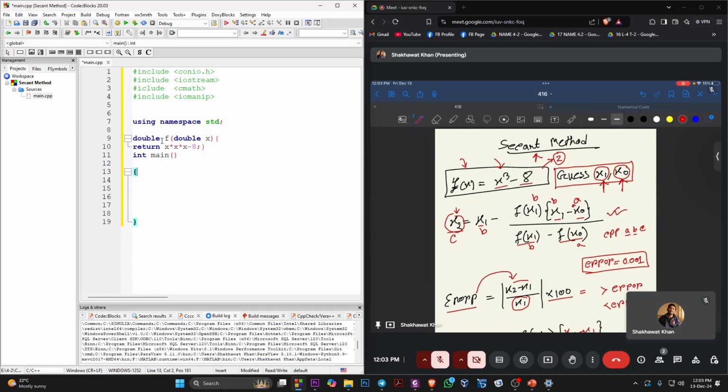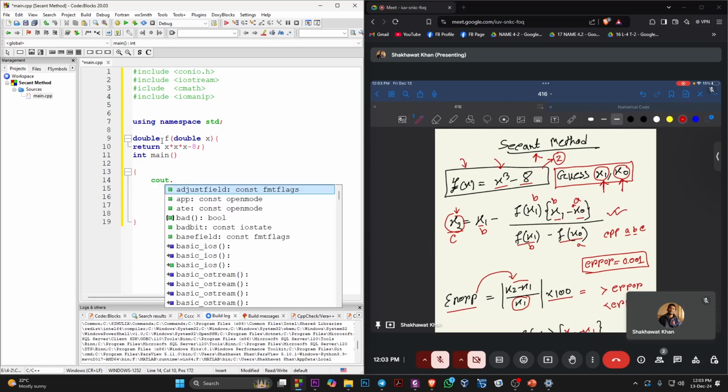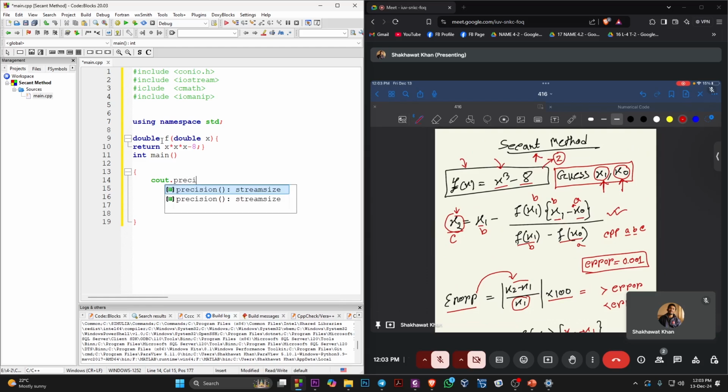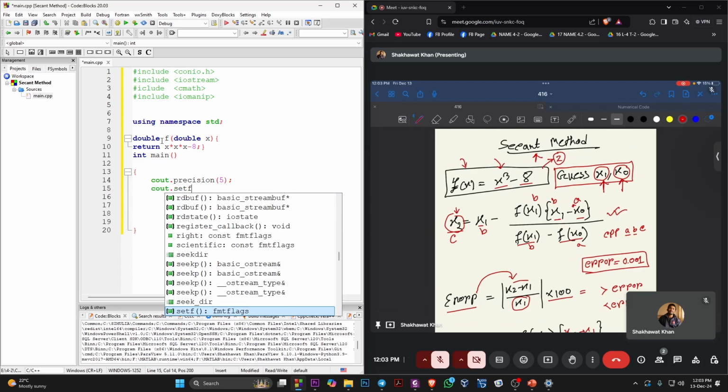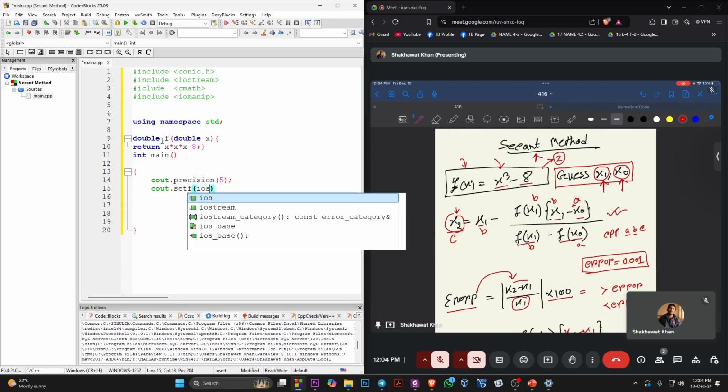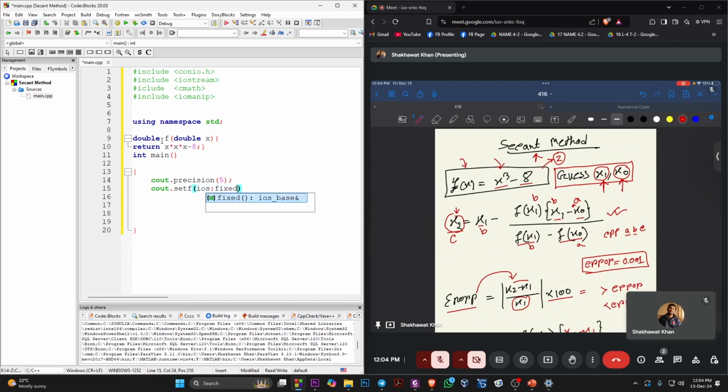In the main function, first of all I will set up my cout precision to something like 5, and cout dot setf with ios fixed. Let's check that we are on the right track or not.